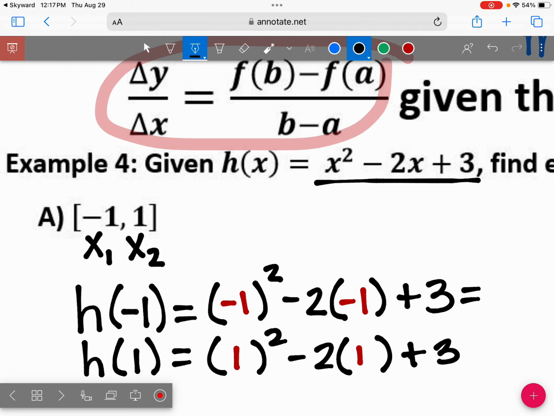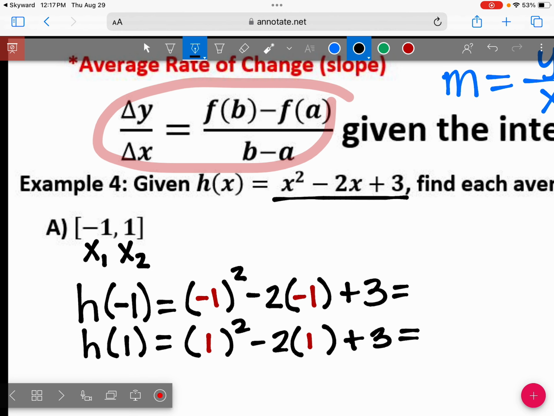So go ahead, use your calculators and find these two numbers. Find h of -1 and h of +1.